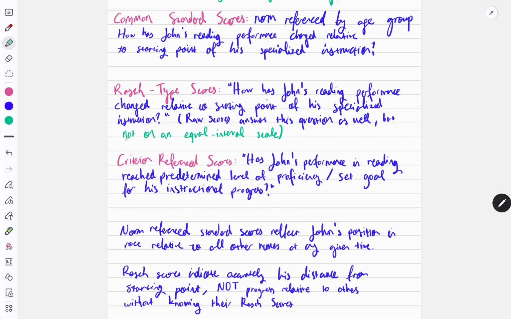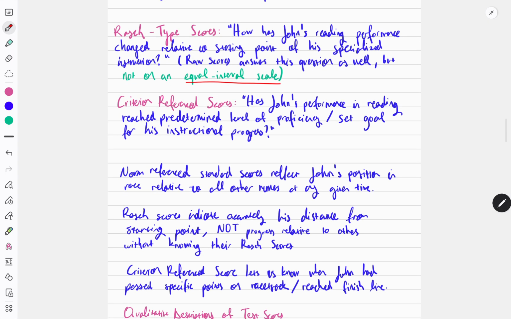Rasch type scores would say how it changed relative to the starting point of his specialized instruction in the same way, but it's on an equal interval scale. Criterion reference scores would ask, has John's performance in reading reached a predetermined level of proficiency or a set goal for his instructional progress?